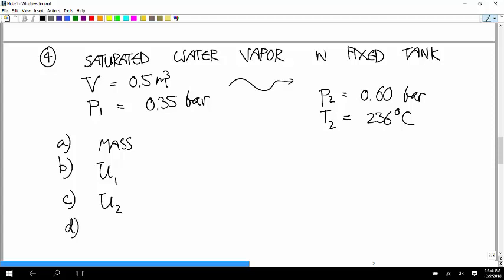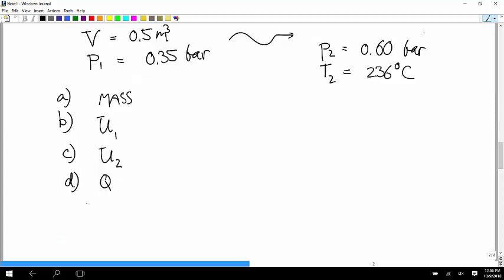And then last, we want to find Q. Given that there's no change in the system's potential or kinetic energy, delta E is equal to Q minus W. It's a fixed tank. There's no work being done, so that's 0.